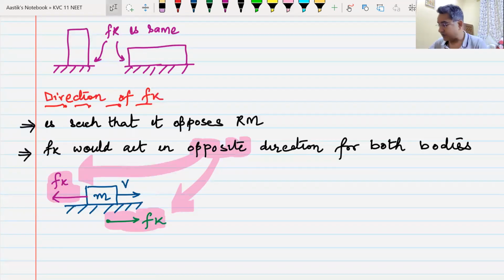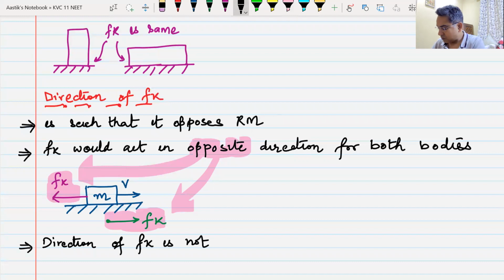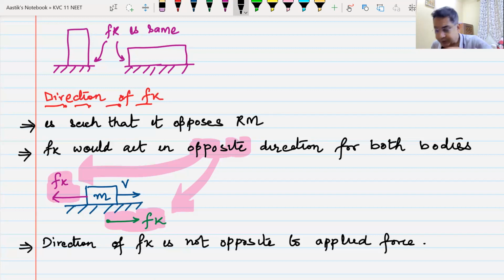One more thing that you should remember about kinetic friction: the direction of kinetic friction is not opposite to the applied force. But it will be opposite only to the direction of relative motion.